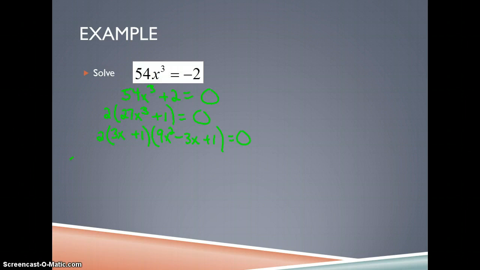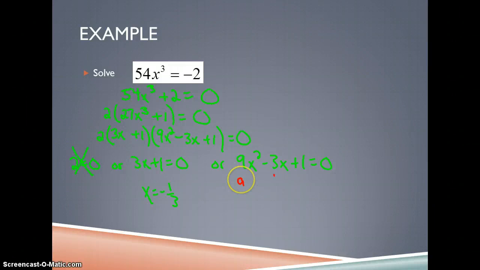We set these equal to 0 now. 2 equals 0. Obviously, we don't have to worry about that. 3x plus 1 equals 0, or 9x squared minus 3x plus 1 equals 0. This one's easy. We get x equals negative 1/3. That last one, 9x squared minus 3x plus 1, we're going to need to apply the quadratic formula.